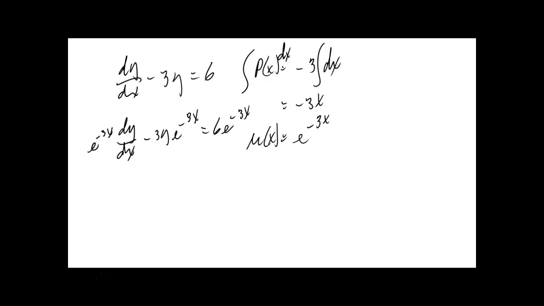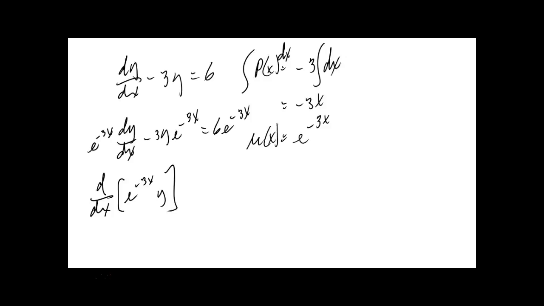But what is this left-hand side? That is exactly d by dx of what? e to the minus 3x times y. That's exactly it. If you don't believe it, take a derivative of it.